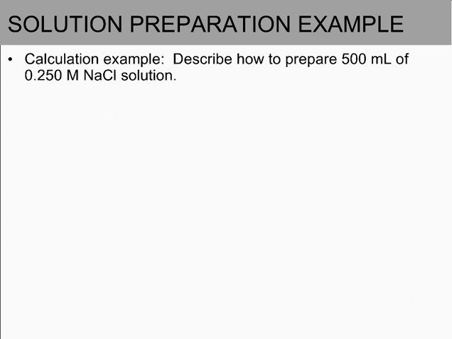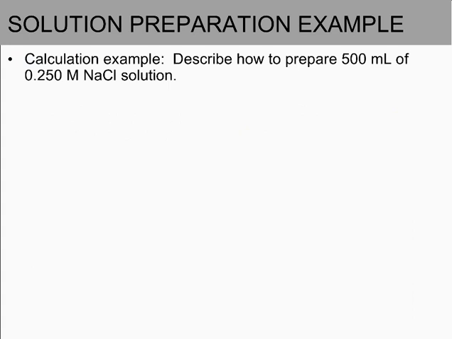All right, so let's go over an example. We're going to pretend that we're in the lab, which we've had to do all quarter, right? But we're going to describe how to prepare 500 milliliters of a 0.25 molar sodium chloride solution.